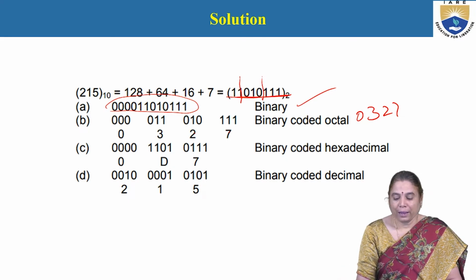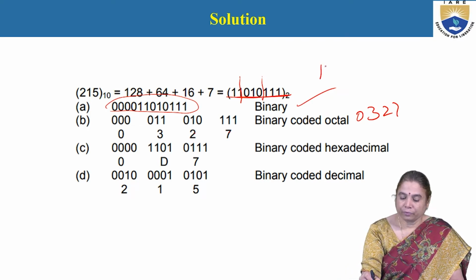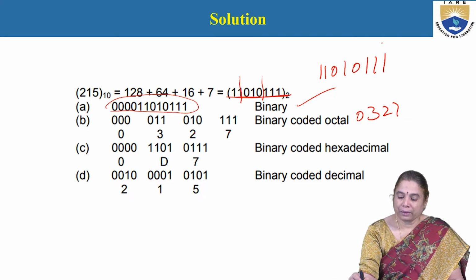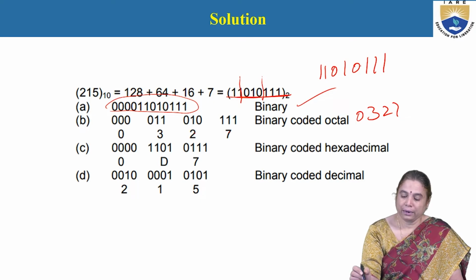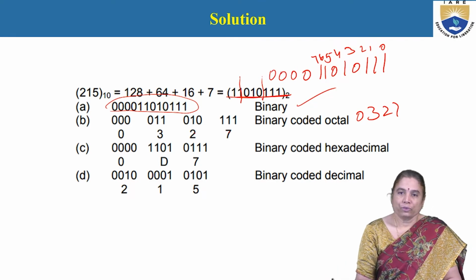In the case of binary coded hexadecimal form, the binary number has to be grouped as 4 bits. So here the number is 11010111, and we have to represent this with a 12-bit binary number. This is an 8-bit number, bits 0 to 7, so we have to add the 4 preceding zeros.